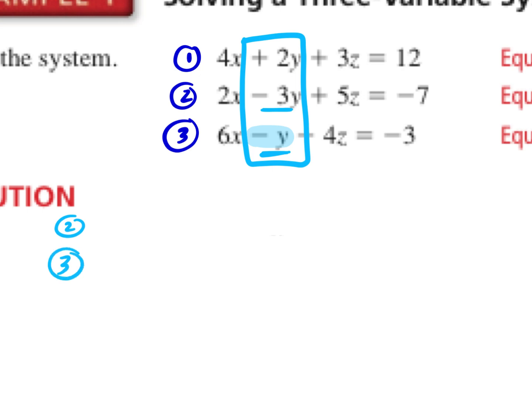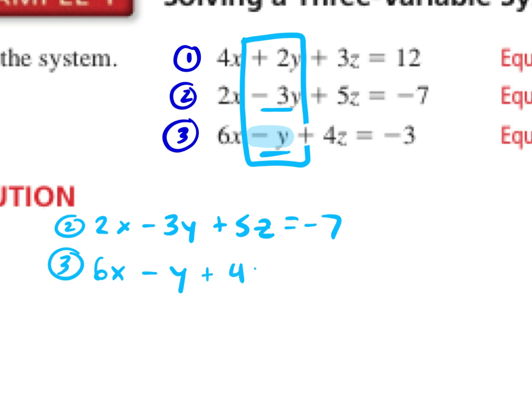So 2 and 3. We have 2x minus 3y plus 5z equals negative 7. 6x minus y, is that a plus here? Yeah, plus 4z equals negative 3. Now we said we want to eliminate the y's.